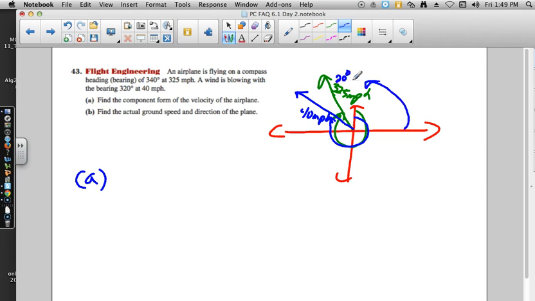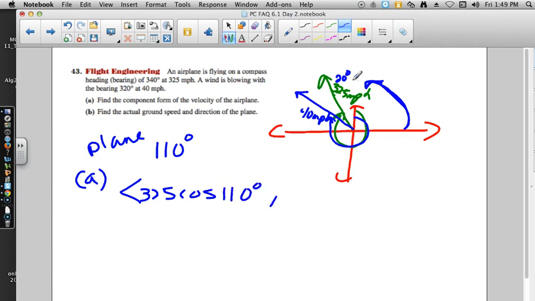And so from our perspective of the trig, we're going to work this way to get to that angle. That's going to be 90 plus 20, so that's going to be 110 degrees. So this is for the plane. We take the magnitude, which is the speed, and we take 325 times the cosine of 110 degrees, and 325 times the sine of 110 degrees.